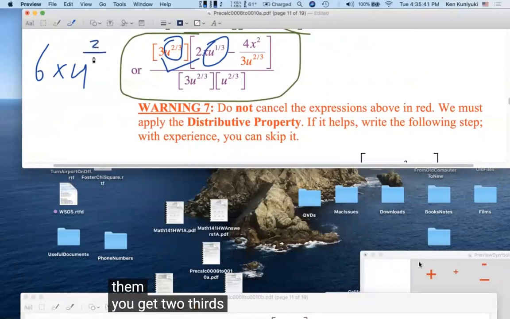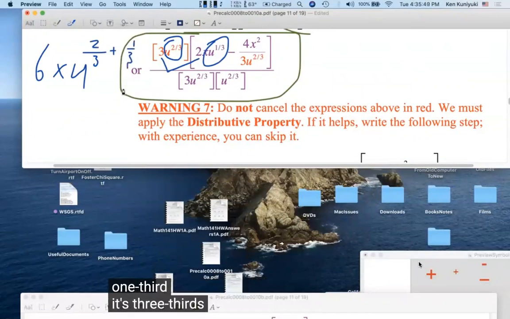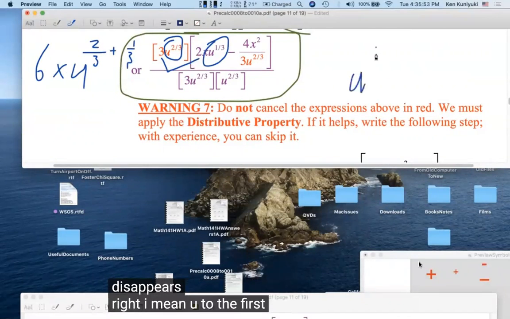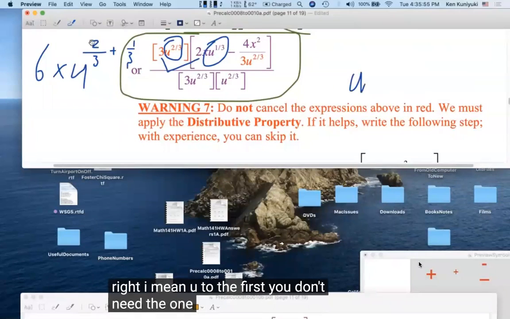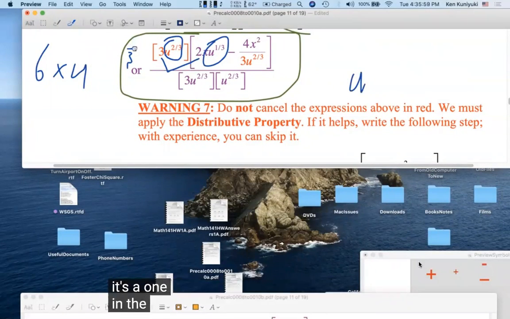You get 2/3 plus 1/3. What is 2/3 plus 1/3? It's 3/3 or 1, which disappears, right? I mean, u to the first, you don't need the 1. So all this ends up disappearing because it's a 1 in the end. 2xu, right?